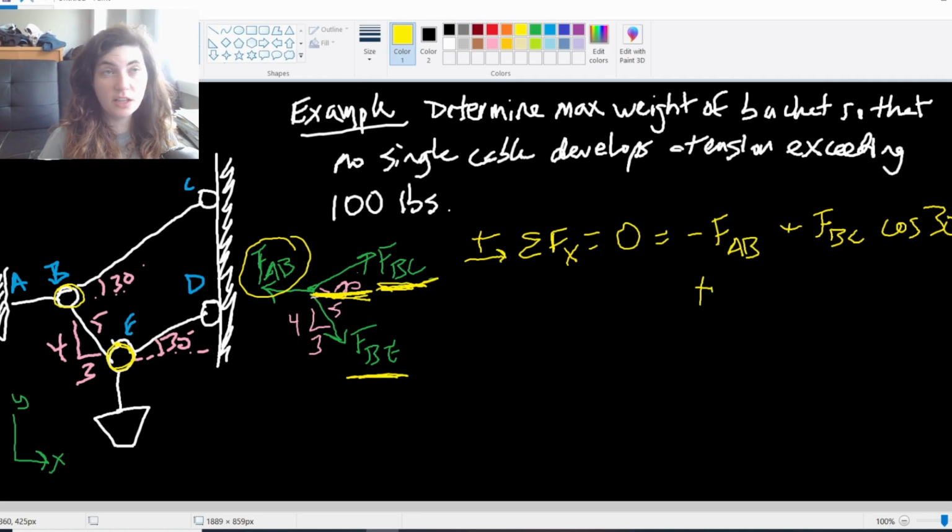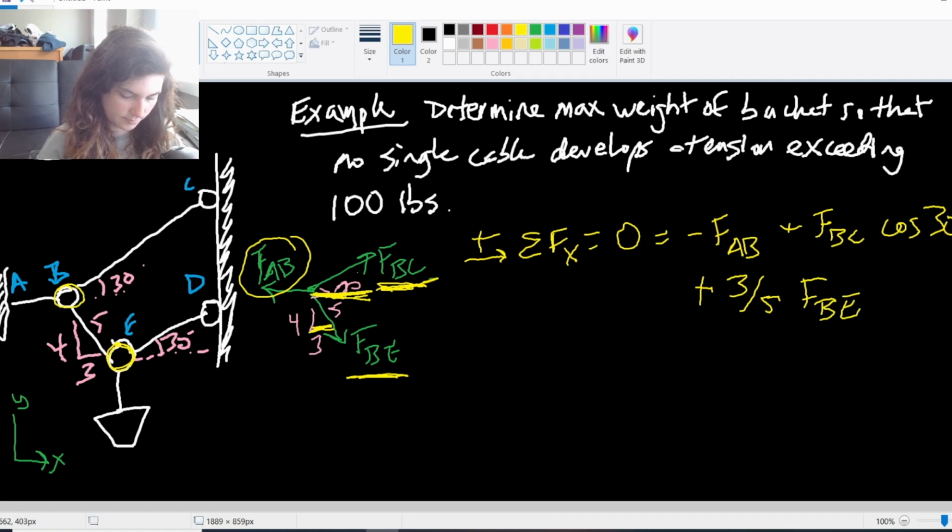Again, you can find the angle if you want, but we can just use the ratio. We can use the x component of the ratio over the whole force itself, right? So that is 3/5. That is the ratio of the x component to the overall. 3/5 FBE.